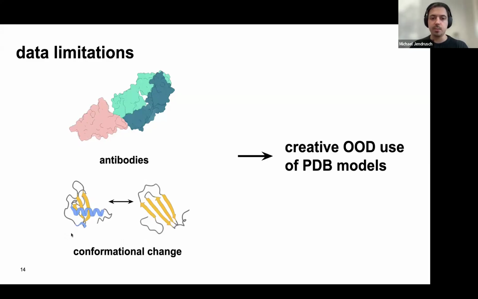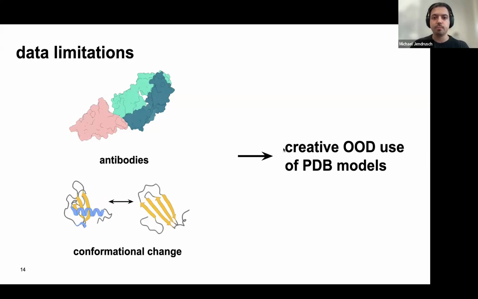Because the PDB is mostly snapshots, mostly crystal structures, which show a single snapshot of a protein, there is very little data on conformational change of proteins that can be extracted from there. So either we need to improve the data situation, or what is easier computationally, we need to somehow creatively force our models to do out-of-distribution generation.